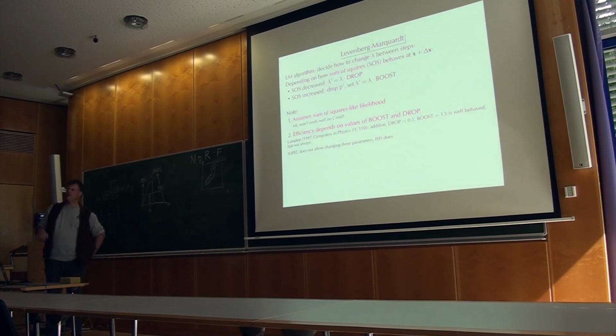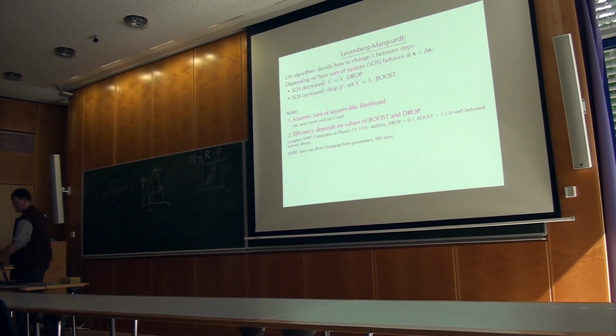Any book on numerical analysis will tell you. And if you insist on doing maximum likelihood fits, there's also 3ML, which you can use, Minuit, or any number of other minimizers besides Levenberg-Marquardt.